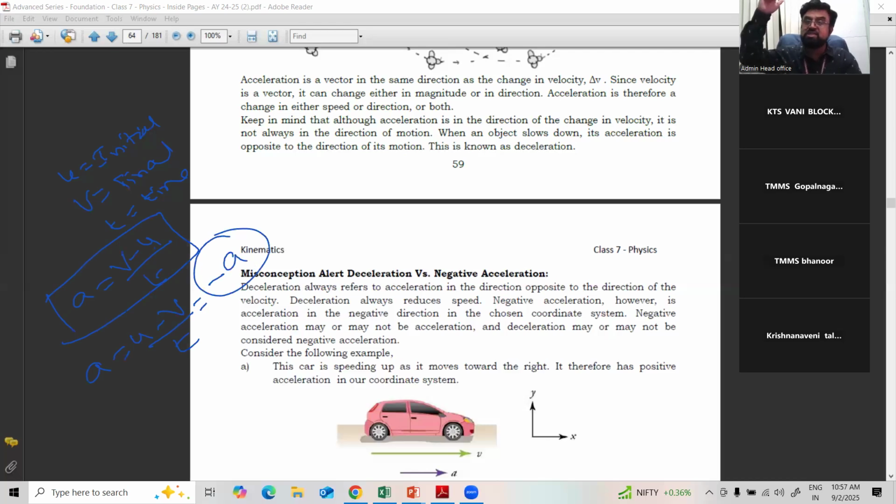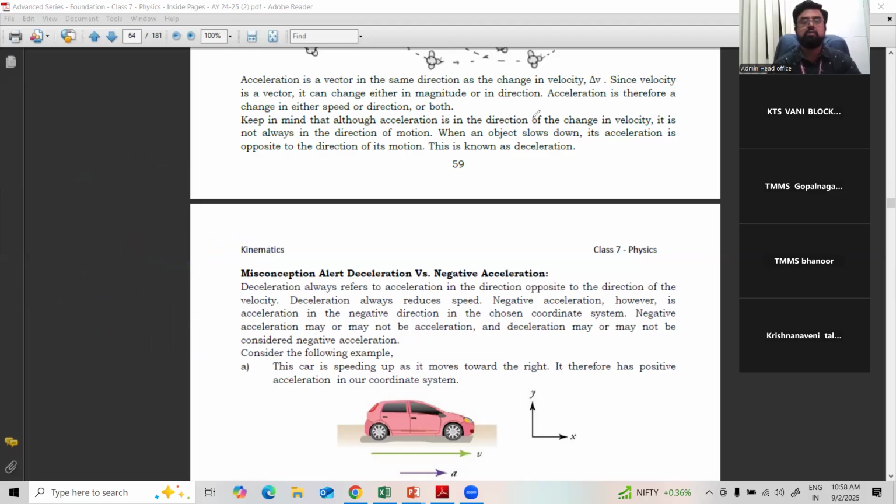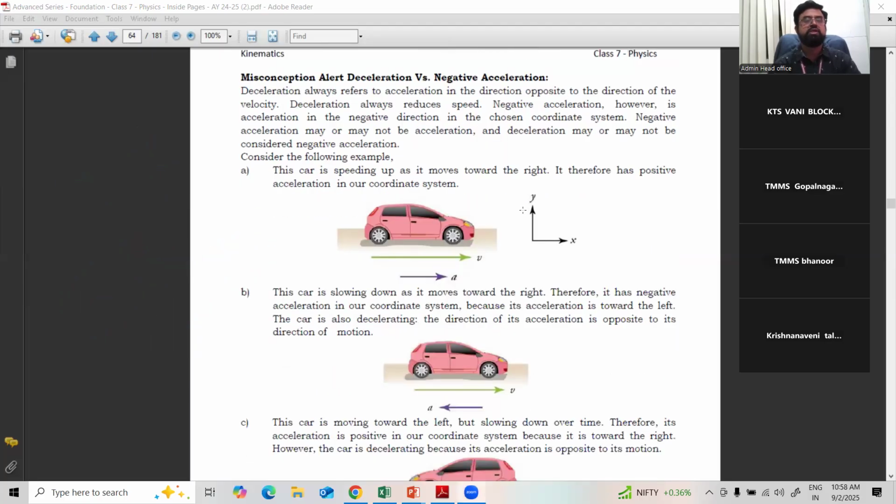The velocity is decreased from some velocity down to some other velocity. So decreasing velocity is known as deceleration or retardation or negative acceleration. See here, misconceptions about deceleration versus negative acceleration.